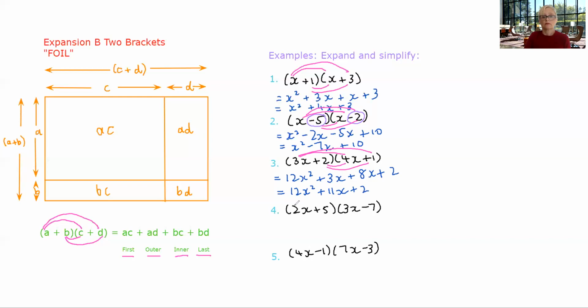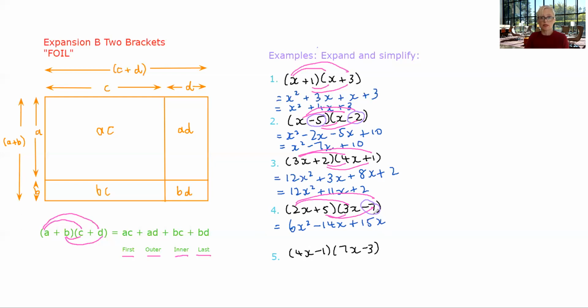Okay. You should be starting to see the pattern happening here. Be really careful. As I said before, if you've got a negative, it comes along for the ride as a package deal. Okay, 2x times 3x is 6x squared. 2x times -7 is -14x. 5 times 3x is 15x.